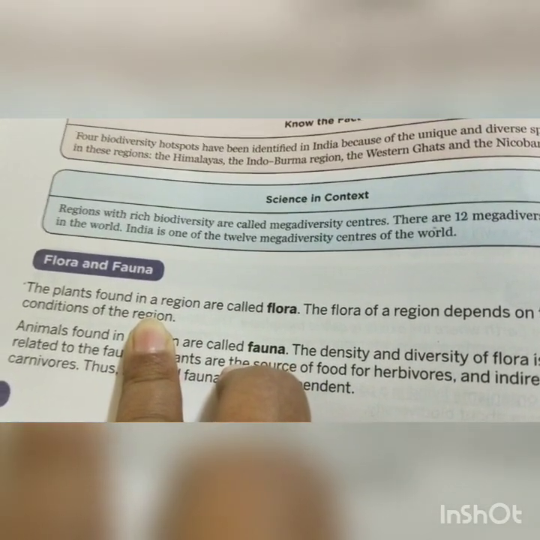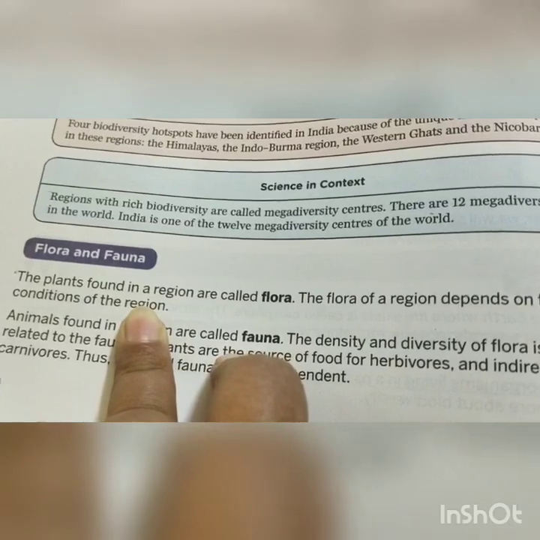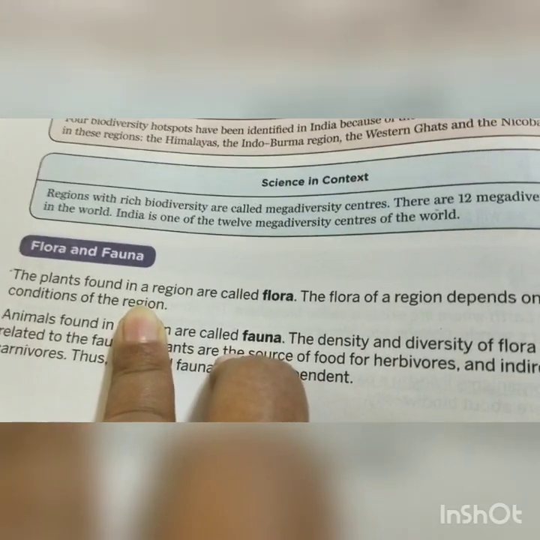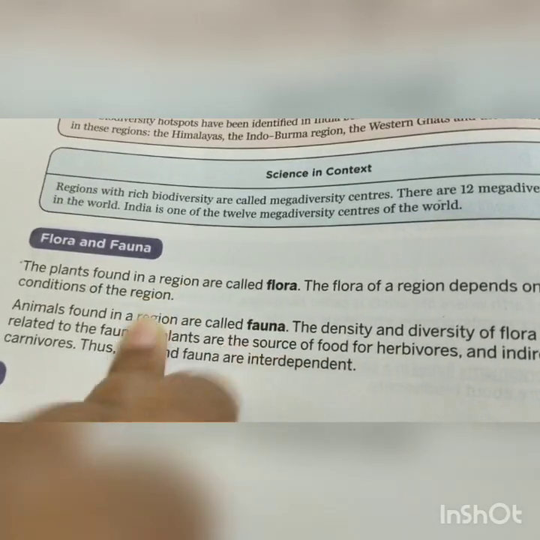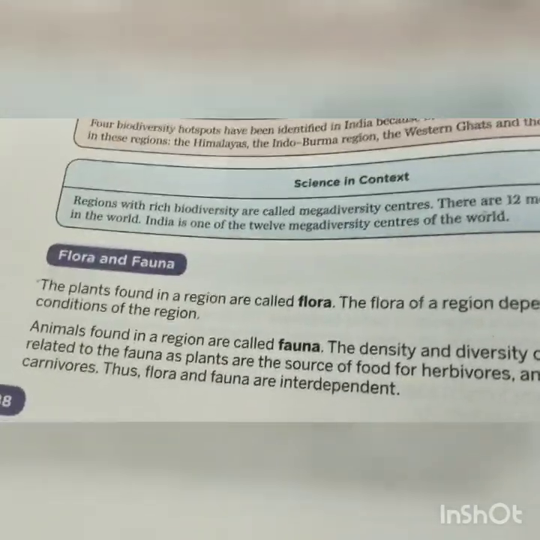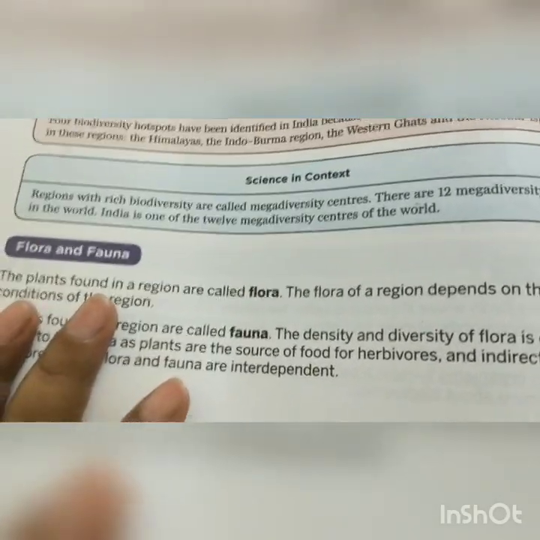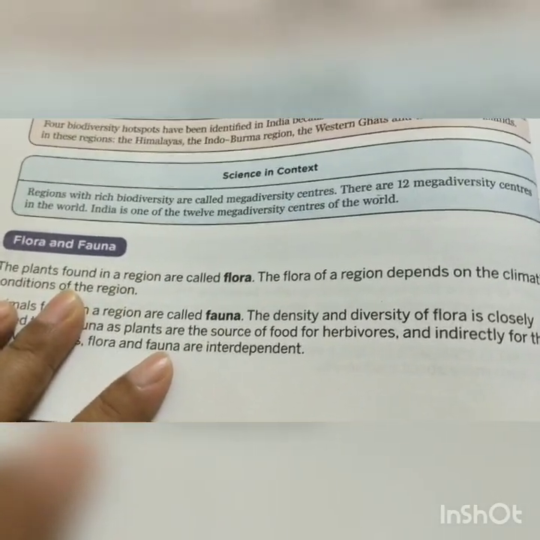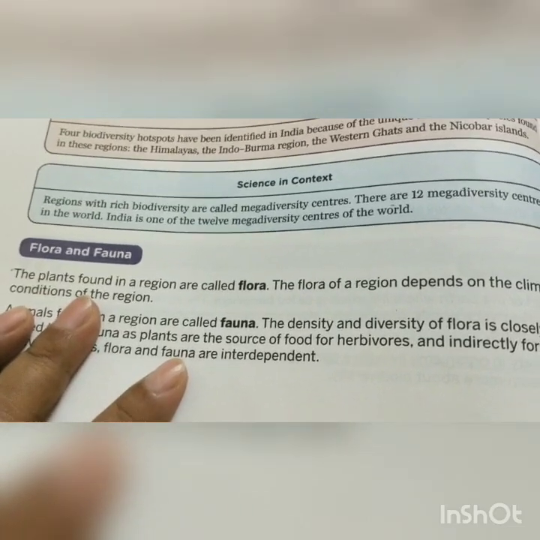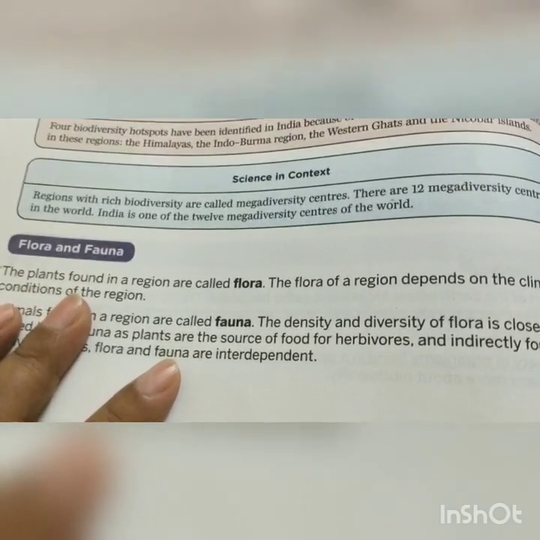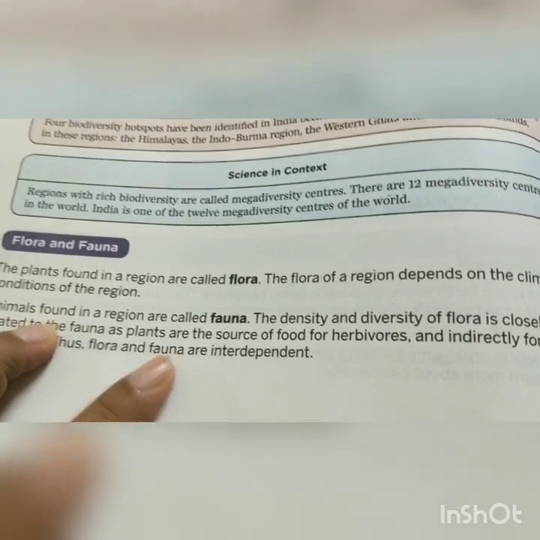Like in Assam, you may get some plants which you will not get in Rajasthan. So the particular plants you get in a particular region are called the flora of that region, that place. And this flora also depends on the climatic conditions of the particular region.